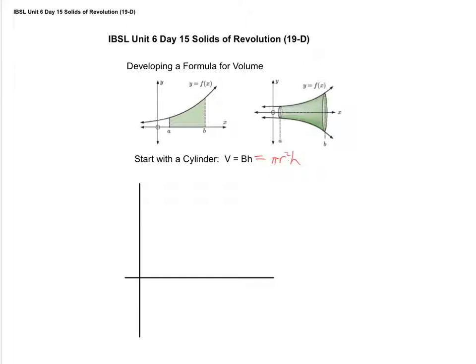I want to draw this here, and then we can make some connections to other functions. Let's say I have a cylinder where I'm going to take the circular part and center it on the x-axis here.